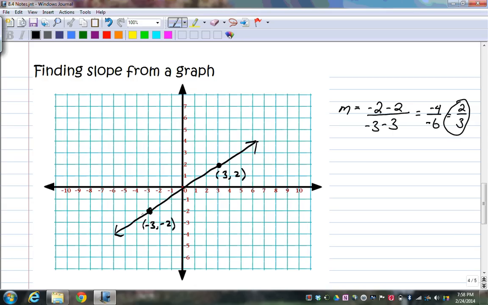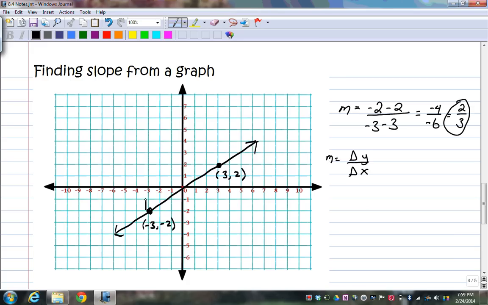You look to where the lines intersect, these blue lines here, and you count from one point to another one. Remember that slope is the change in the y values over the change in the x values. So if you start here, how many blue lines would you count up to get where this one's at?